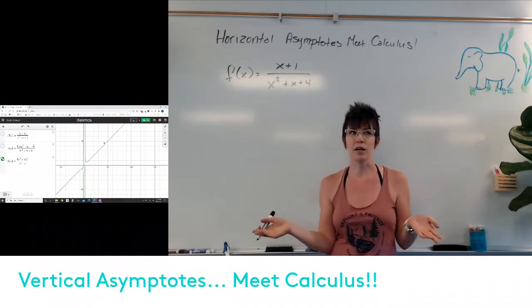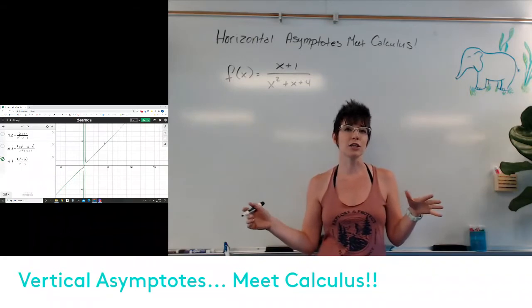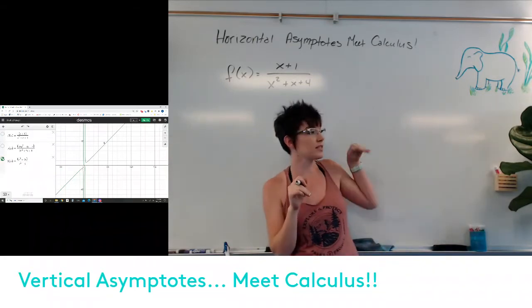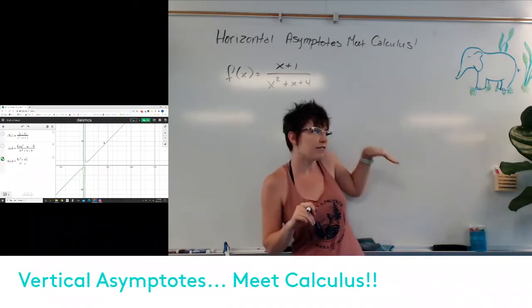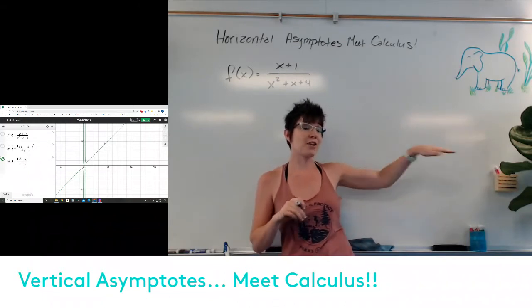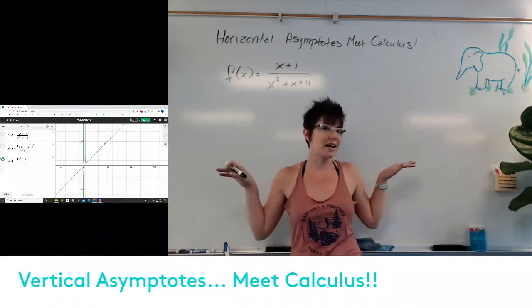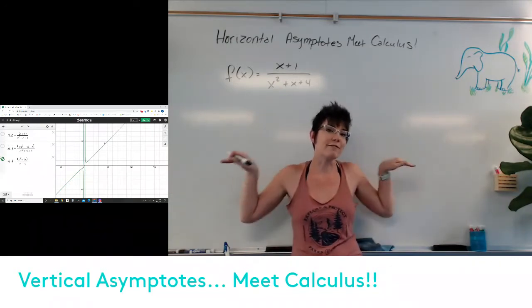What's really happening here? When I look at horizontal asymptotes, I'm actually looking at the end behavior of my function. How does it continue out this way? Does it go up forever to infinity, or does it level out at a certain value? So I'm looking at the long-term behavior of this function, not as x approaches a single value, but as x approaches infinity.